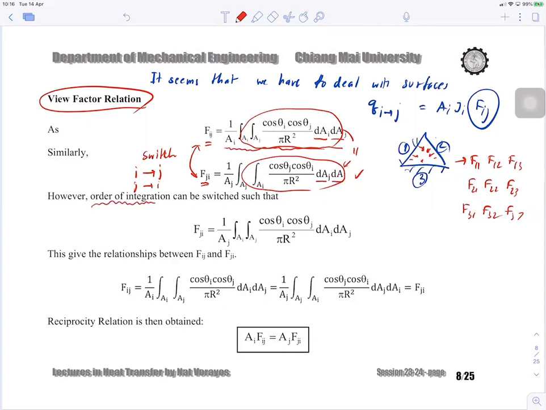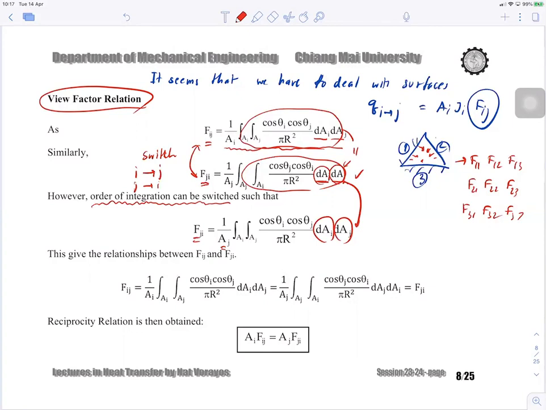The order of integration can be switched, such that we can write this equation switching the order. Fji is going to be equal to 1 over Aj, the same, and then the integral, I just switch it back, okay? Before, this is j first and then i, so I'm switching i and j later on. That's fine. It's still equal.